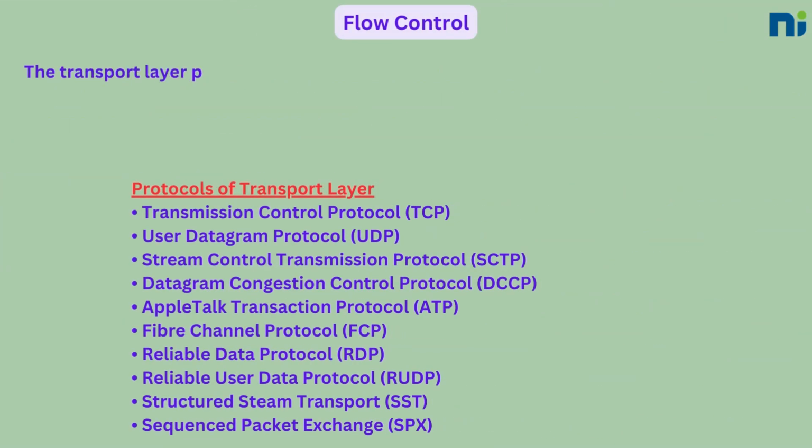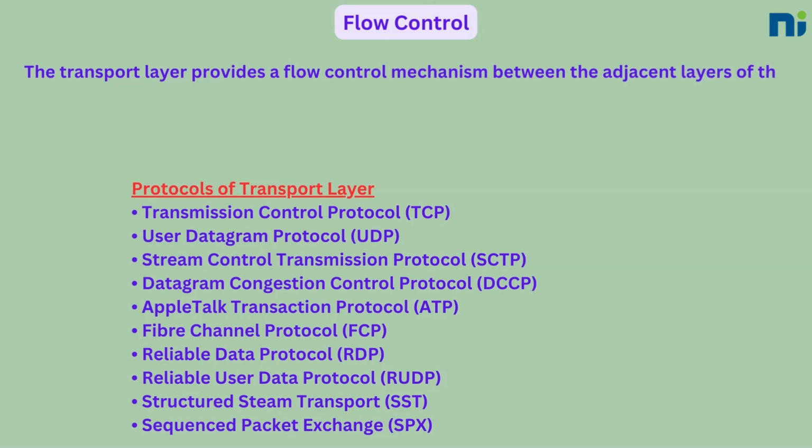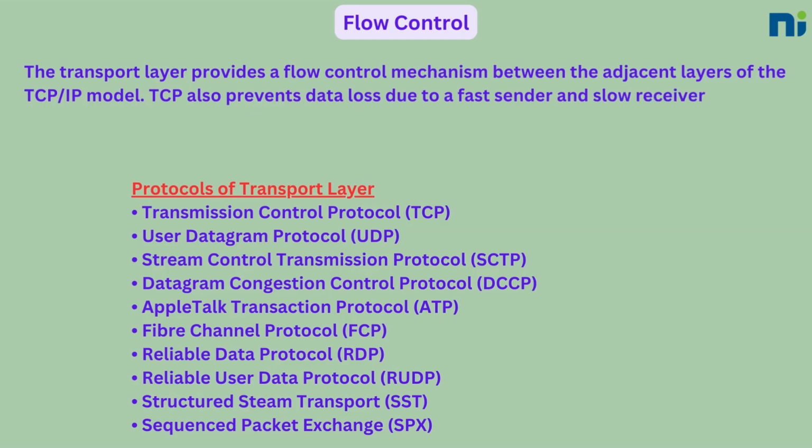The transport layer provides a flow control mechanism between the adjacent layers of the TCP/IP model. TCP also prevents data loss due to a fast sender and slow receiver by imposing some flow control techniques. It uses the method of sliding window protocol, which is accomplished by the receiver by sending a window back to the sender informing the size of data it can receive.